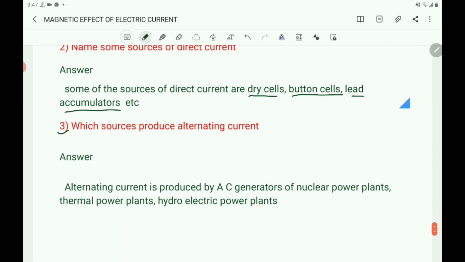You write the answer: Alternating current is produced by AC generators of nuclear power plants, thermal power plants, and hydroelectric power plants. You write also, etc.